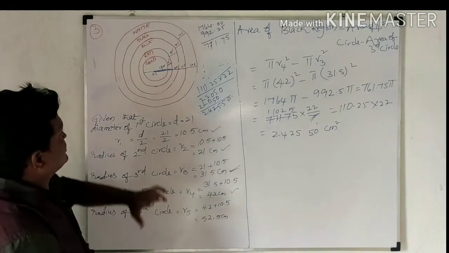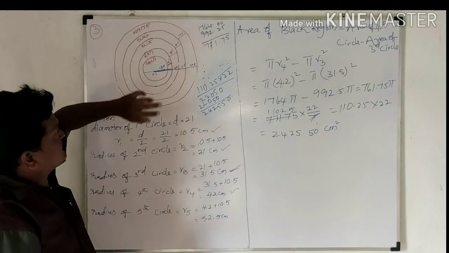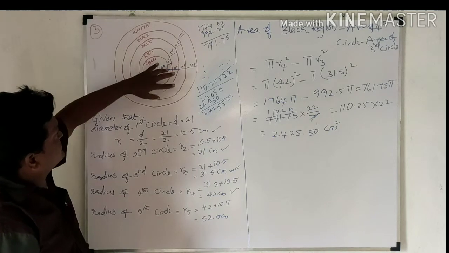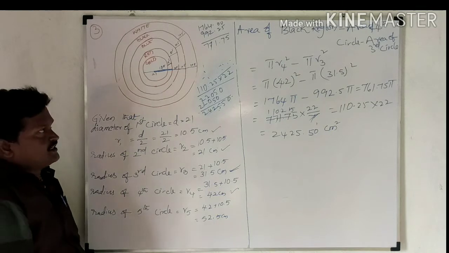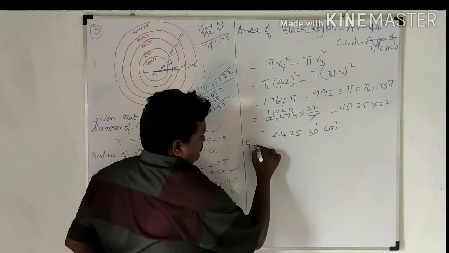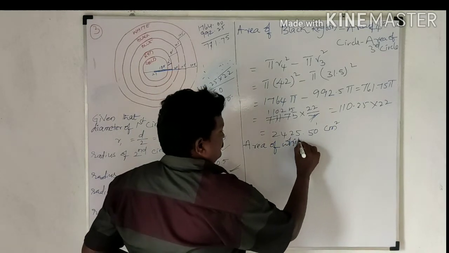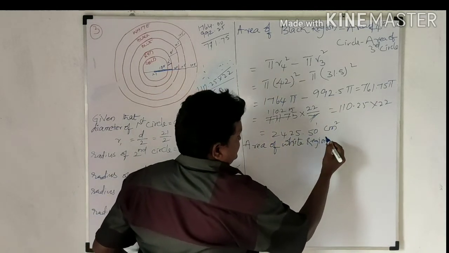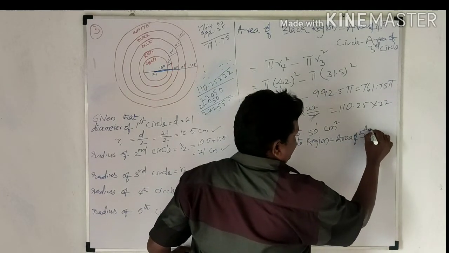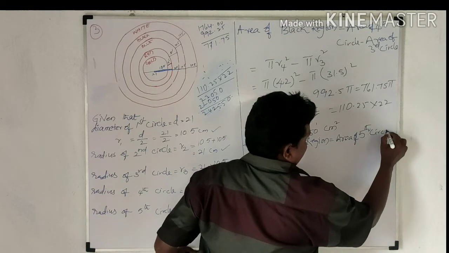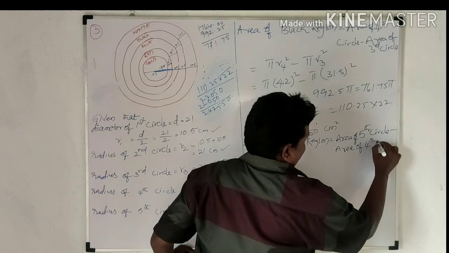Now the last one is the white region. White region means it is the fifth circle. From the area of the fifth circle, if you subtract the area of the black circle, you will get the area of the white region. Area of white region is equal to area of fifth circle minus area of fourth circle.